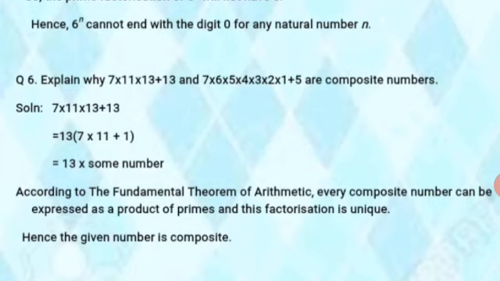And this factorization is unique. This is the statement of the fundamental theorem of arithmetic. And this is why we can say that the given number is a composite number. In the second example, you will see that the number 5 can be taken common and you can proceed with similar steps.